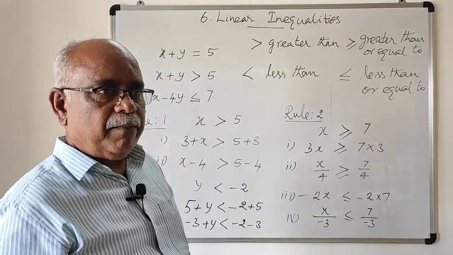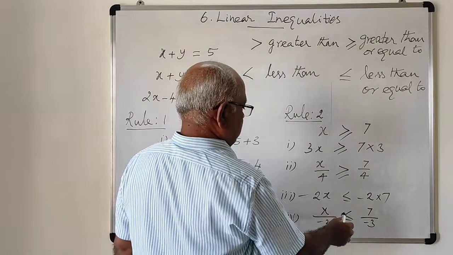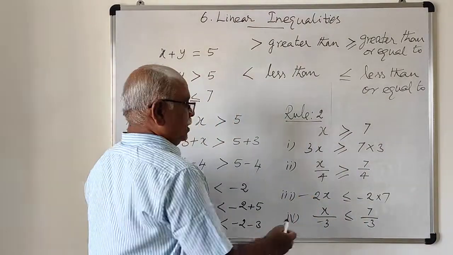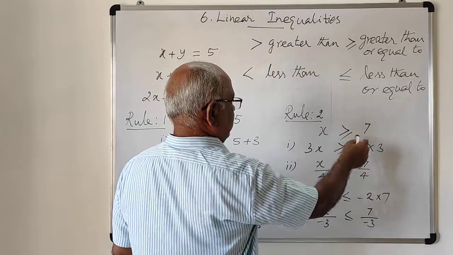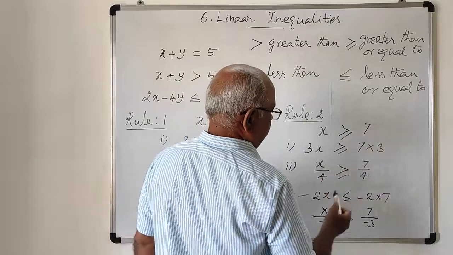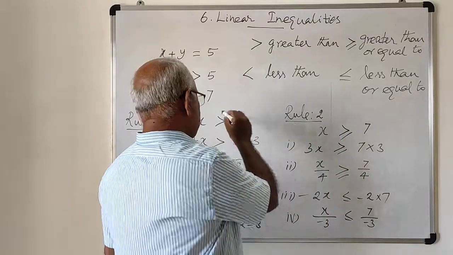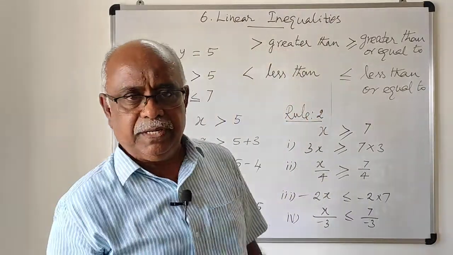Similarly, if you divide by a negative number on both sides of an inequality, the inequality is reversed. See, if I divide x by minus 3, greater than or equal to becomes less than or equal to 7 by minus 3. So rule 1: if you add or subtract any number with an inequality, the inequality is not changed.